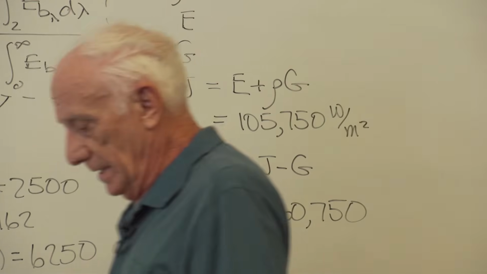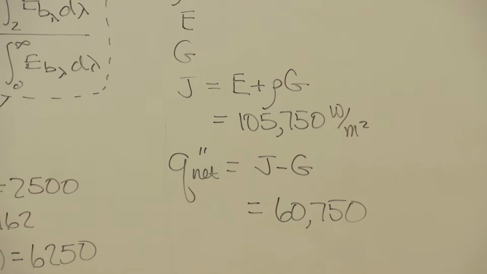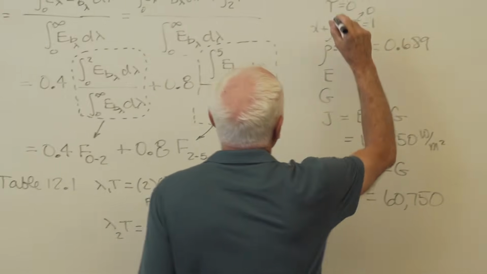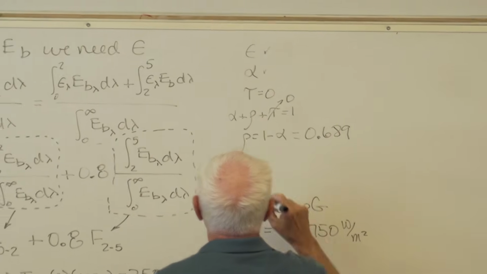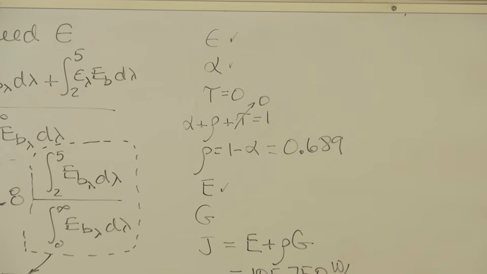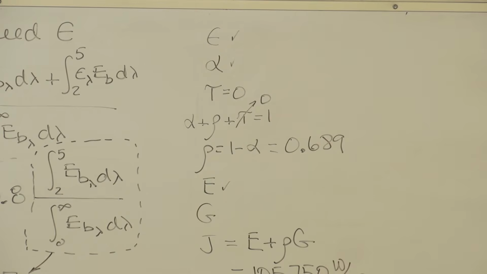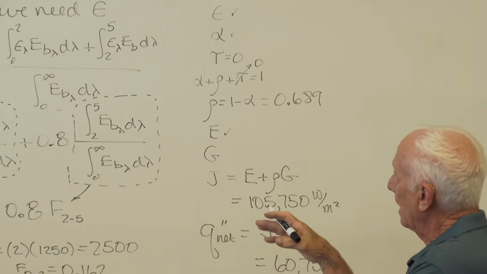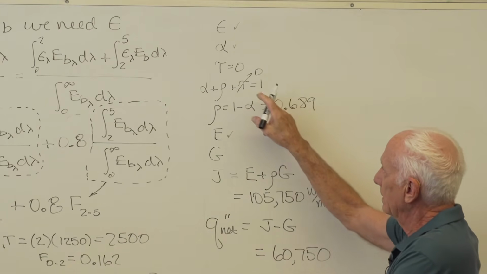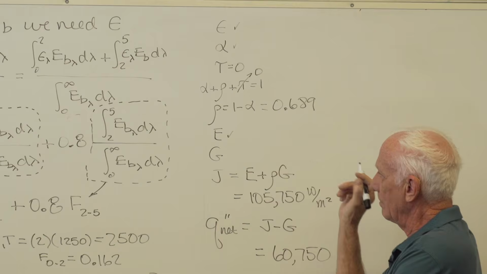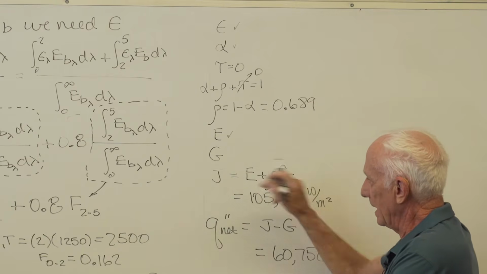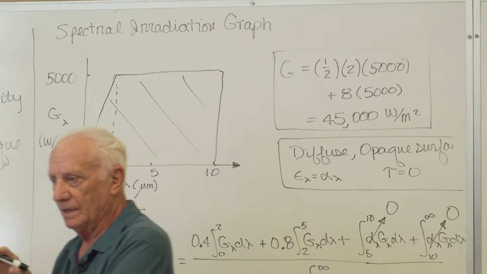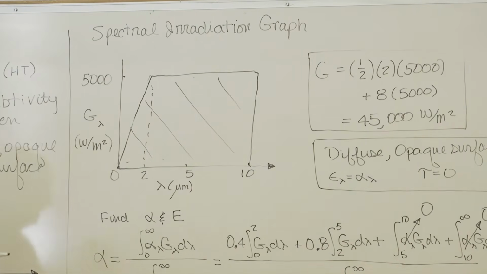So even though the problem only asked for two things, alpha and epsilon, I had to find this guy to get this guy. So the checks are what he asked for in that problem, end of chapter 12. But I've found everything you could possibly be asked for. I've found the reflectivity, the transmissivity, the emissive power, the irradiation, the radiosity, and the net heat flux leaving the surface. So everything is done in this problem now for you.